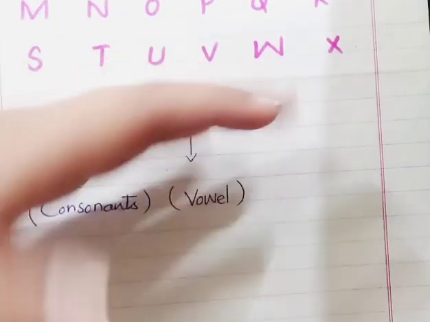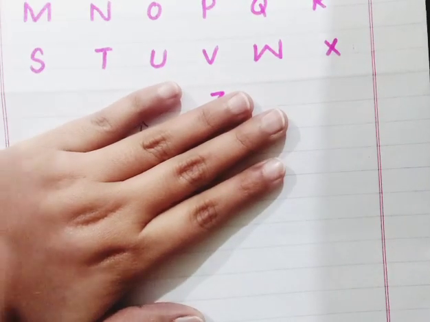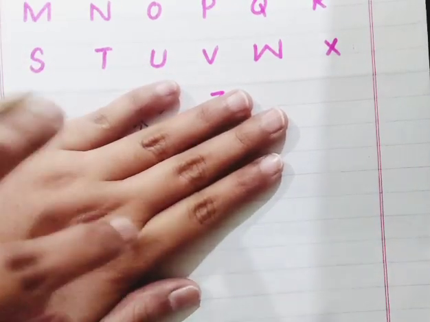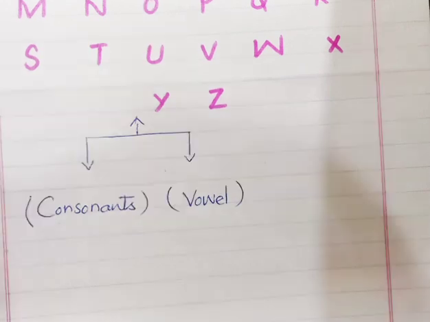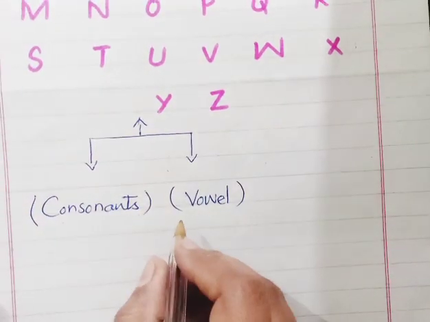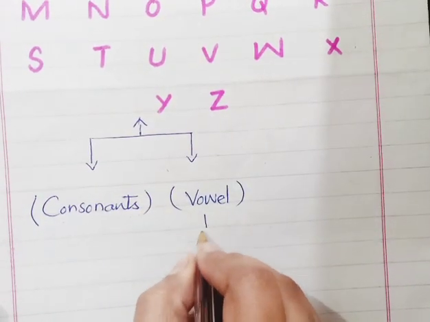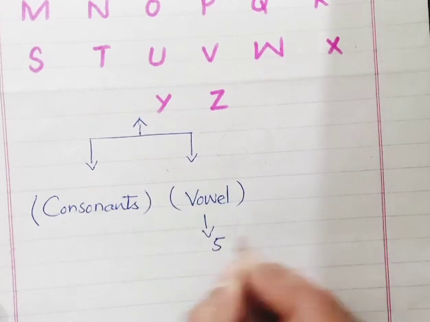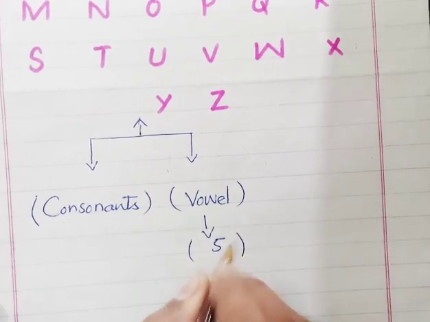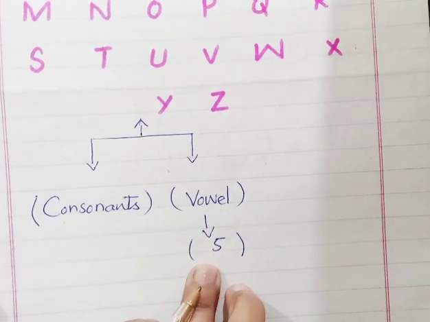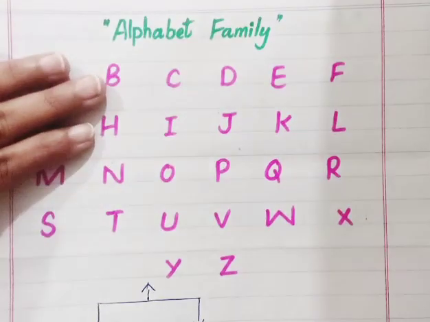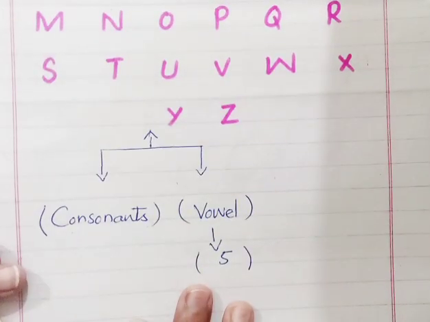Vowel letters fit in this hand. It simply means vowel letters are five in number. There are five vowel letters in the alphabet family and the remaining are our consonants.